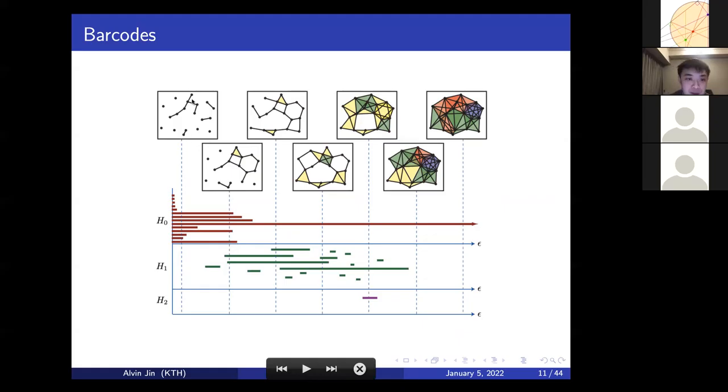For example, look at this figure right here. H0 means how many connected components there are. So there's 1 point here, 1 point here, this tree here, this line segment here. So 5, 6, 7, 8, 9, 10. Okay, so those are the 10 components there. I hope this figure is right. Okay, maybe it's not.